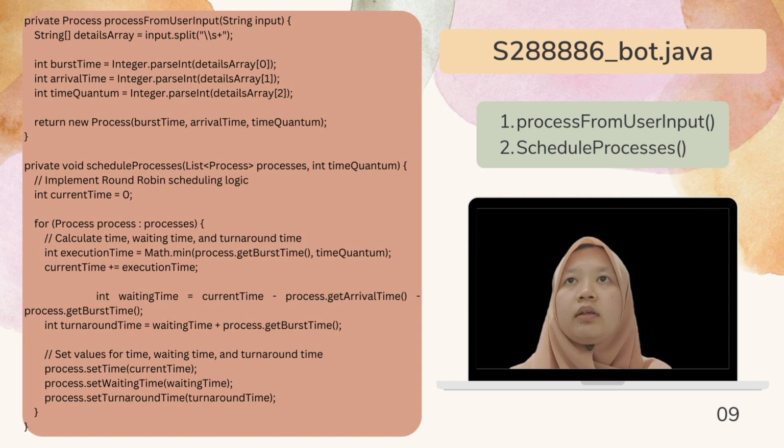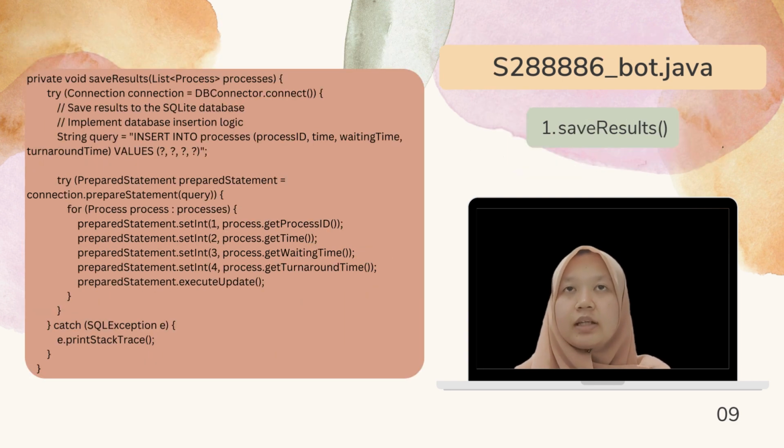And then after all the processes, it will calculate all the calculations, and it will send them to the user, and after that it will send them to the database. Next, for the method save results.